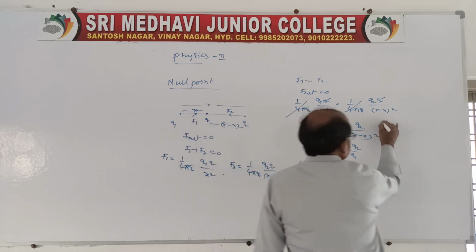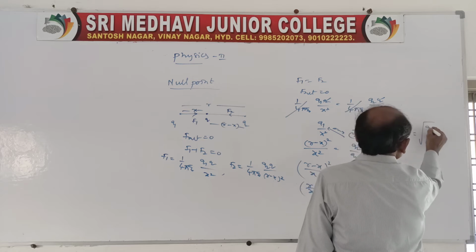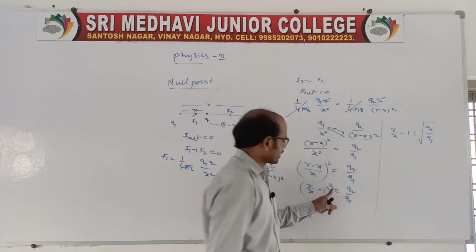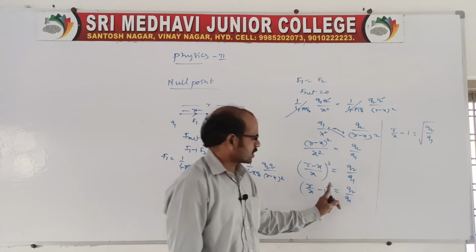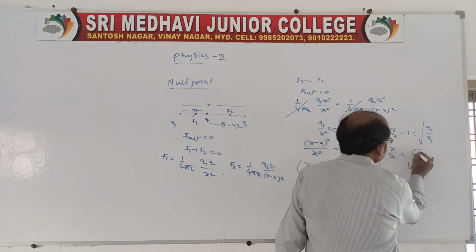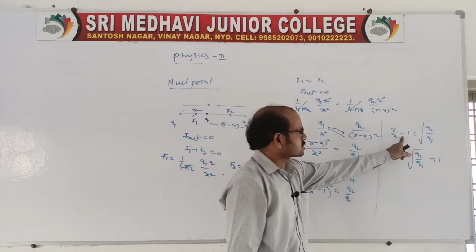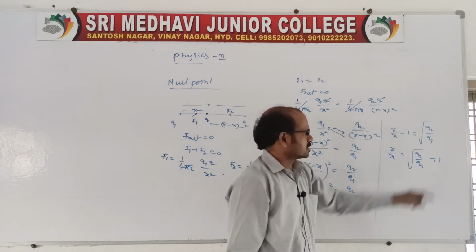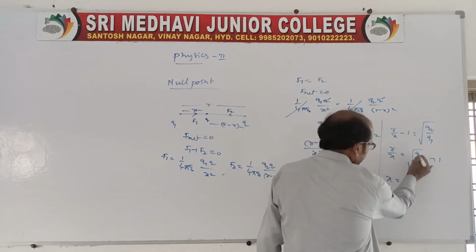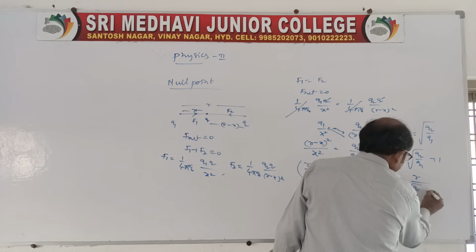Here is the final expression: r by x minus 1 is equal to root over Q2 by Q1, because the square is there. Then the square on this side becomes a root. Therefore, r by x is equal to root over Q2 by Q1 plus 1. Minus 1 on the left goes to the right side and becomes a plus. Since we are asking for x, we simply cross multiply, root over Q2 by Q1 plus 1.